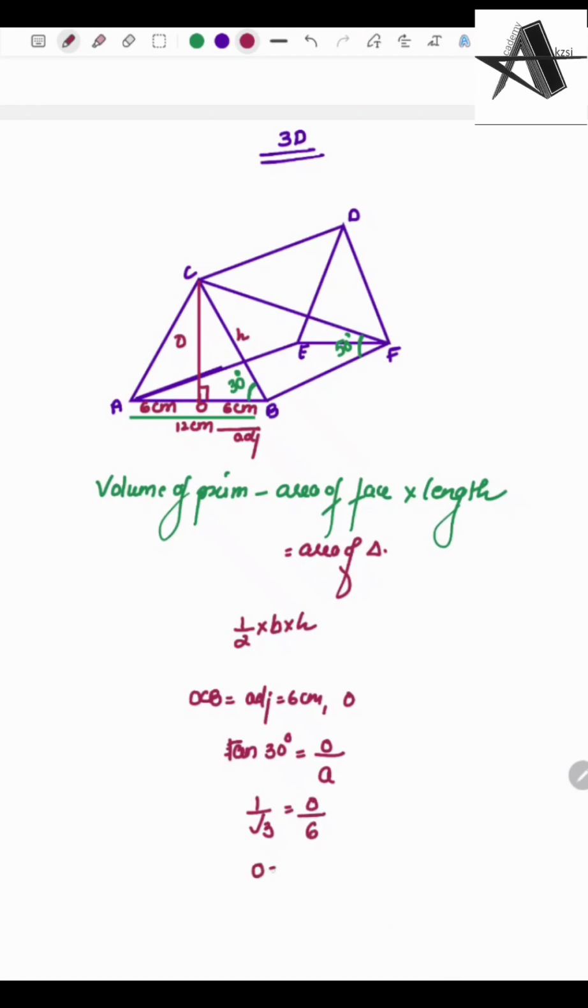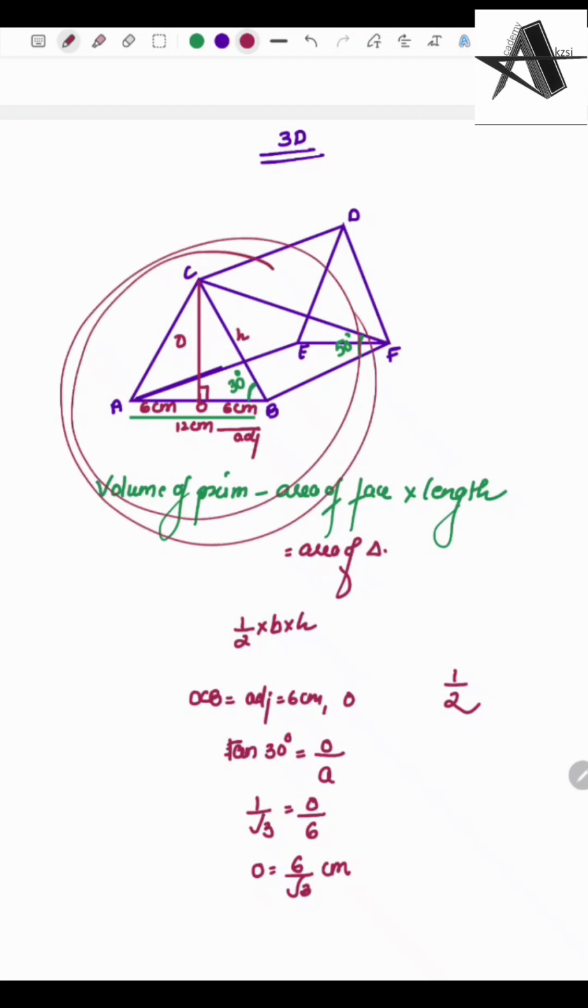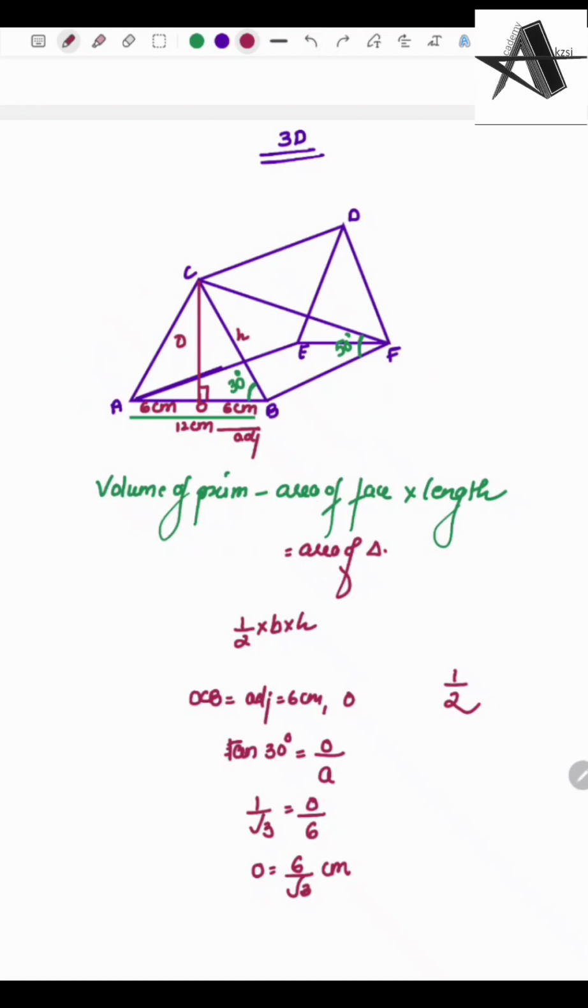So I can say opposite is 6 over root 3 centimeters. Now I can easily calculate the area of this triangle, which is half times base times height. For the whole triangle, base is 12 centimeters and height we just calculated, which is 6 over root 3.